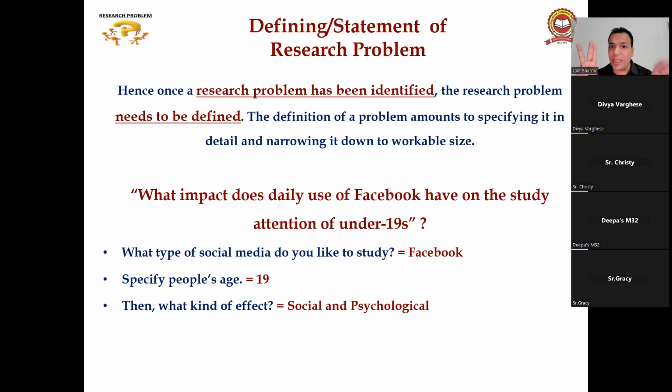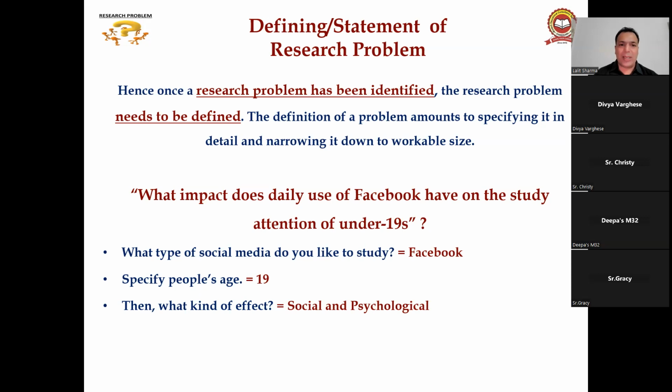Whenever we select, you have to keep in mind whether your research problem meets these criteria or not. Now you have to define the research problem. When the research problem has been identified, it needs to be defined. The definition of the problem amounts to specifying it in detail and narrowing it down to a workable size.